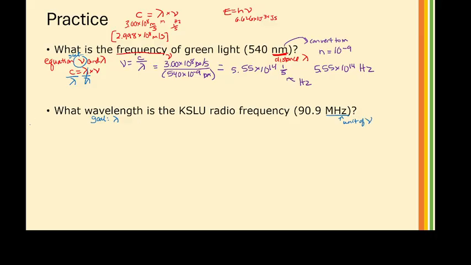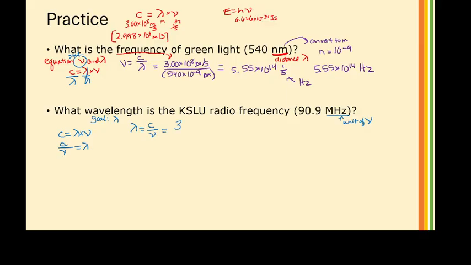So again, the equation that relates them is C equals lambda times nu. And this time my goal is this one, so I'm going to divide both sides by frequency, and I will get that the speed of light divided by the frequency is equal to lambda. So flip sides.